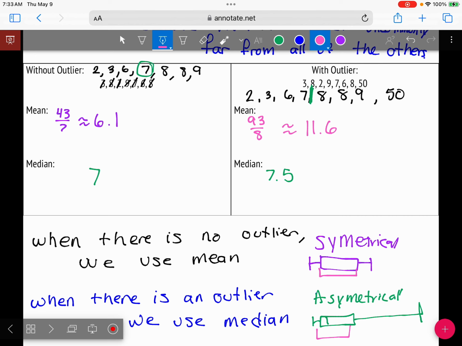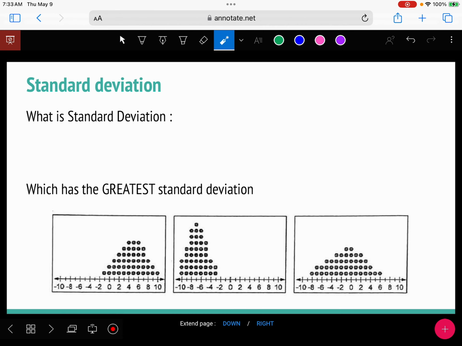So when we're using mean, I don't want to base my center off of my median because they're not quite the same. We're calling this the center. I'm not going to base everything else off my median. So when we use mean, we're going to use a new thing, which we are 100% not going to calculate, because honestly the equations for it are gross. We're just going to talk about what it means. And that's something called standard deviation.